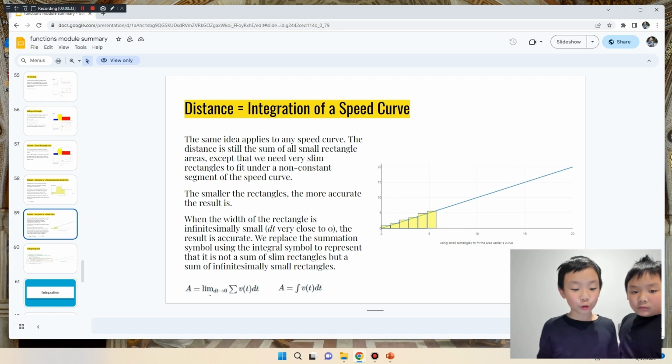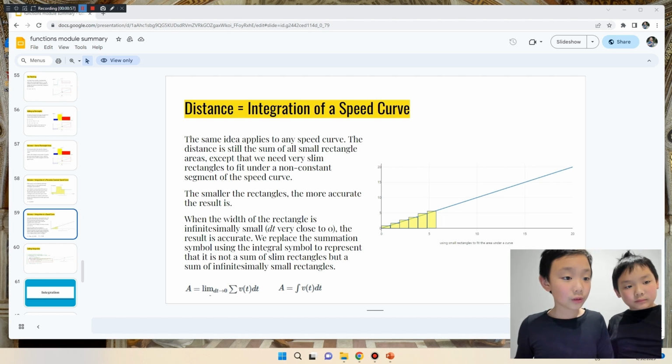But that's too long and mathematicians don't want to write that. So the shorter way is A equals the integral. The integral sign is just a symbol for the limit as dt goes to 0. Integral of v of t times dt is just a shorter way of writing this.